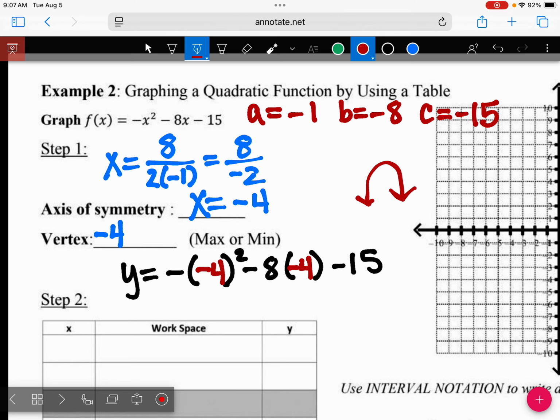So pick up your calculators. Start with the negative, not the subtraction, but a negative. Negative parentheses, -4, close the parentheses. The square should be on the outside. Then it's -8 parentheses -4. Close the parentheses, minus 15.